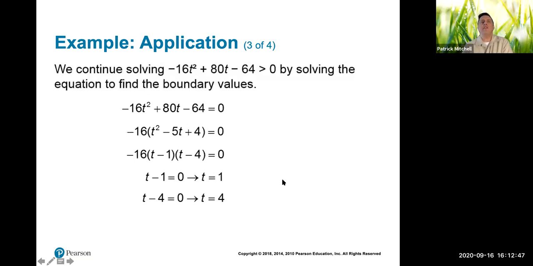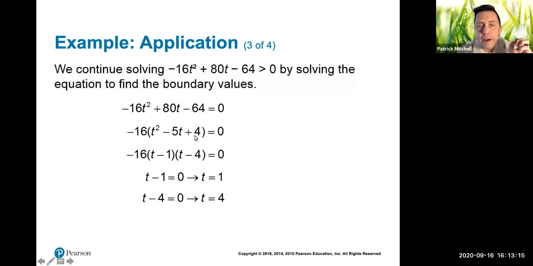So we will continue solving this inequality by solving the equation to find the boundary values. So if negative 16t squared plus 80t minus 64 equals 0, let's factor negative 16 out of that polynomial. That's going to leave us with negative 16 times t squared minus 5t plus 4 equals 0.